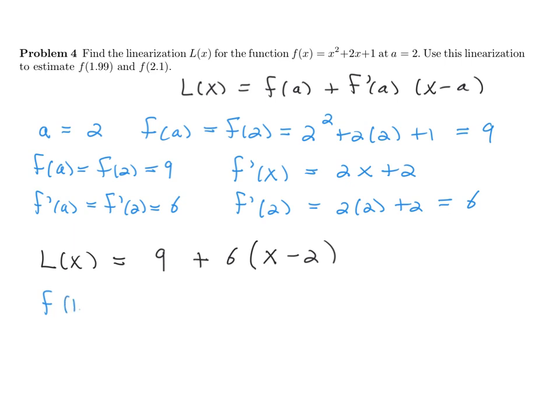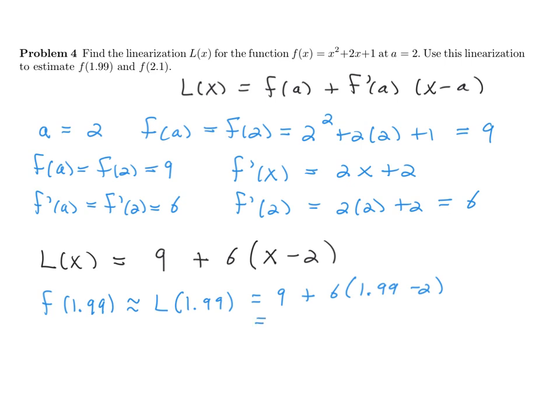F of 1.99 is closely approximated by L of 1.99. And since we have a formula here for L, I can just put 1.99 here in place of x. This is equal to 9 plus 6 times 1.99 minus 2. I left it written in this form because this subtraction is easy to do. If you take 2 away from 1.99, you get negative 0.01.